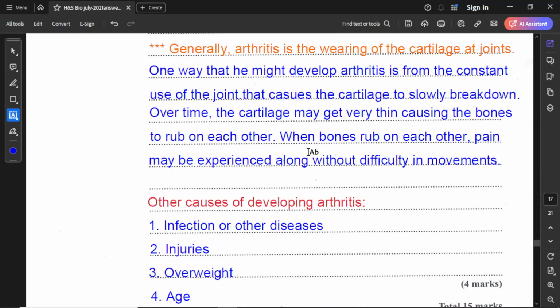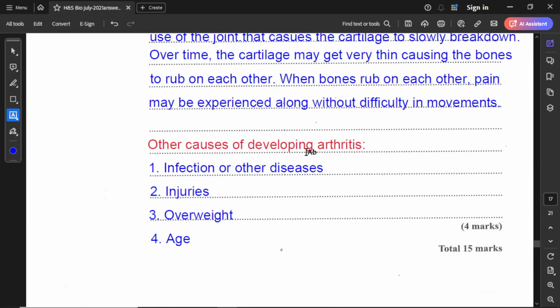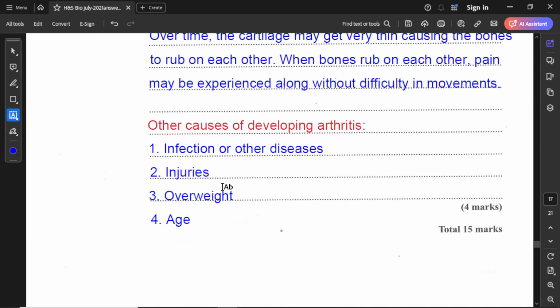And a point to note is that there's not just one cause for arthritis, so we have some other causes here. Arthritis may be developed because of infection or other diseases. Also, injuries at the joint could lead to arthritis.